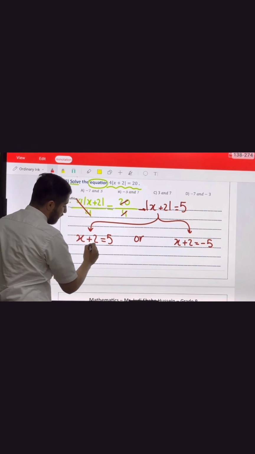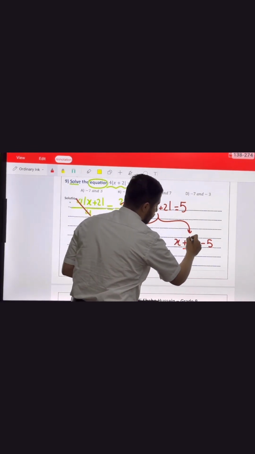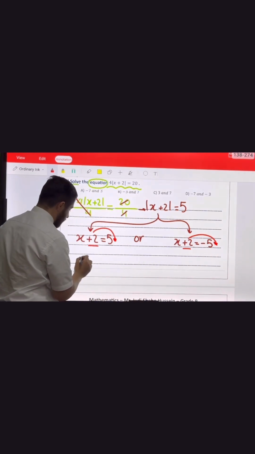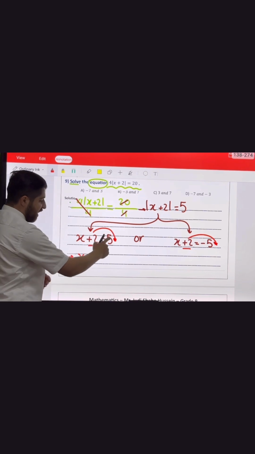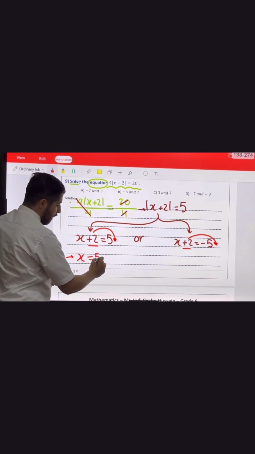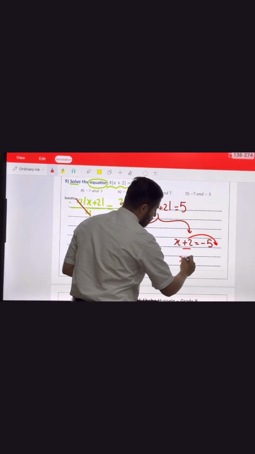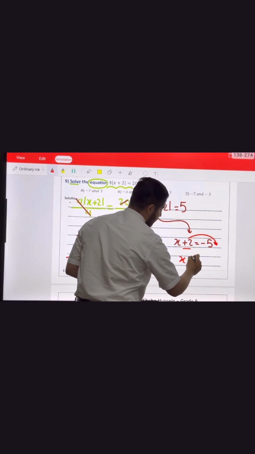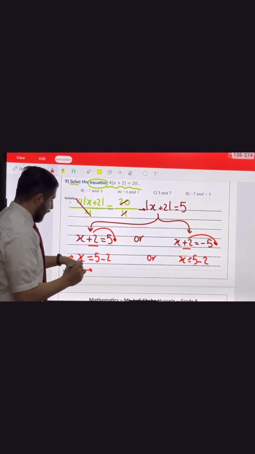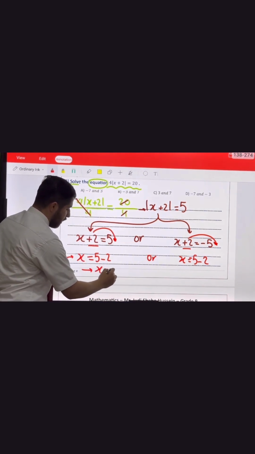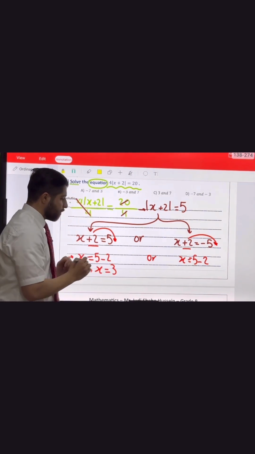You are going to take the positive 2, put it on that side, positive 2, put it on that side. So what we get is this, x equal 5 minus 2, or x equal negative 5 minus 2. And here, x equal 5 minus 2, what do we get? We get 3. Just like that.